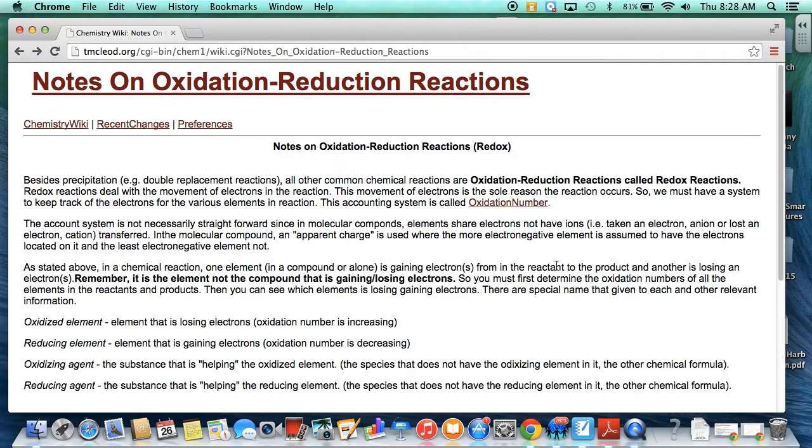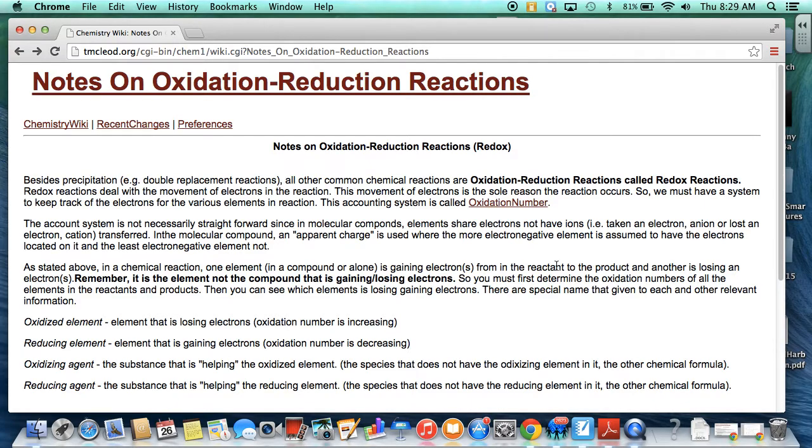The rule is that you must have a conservation of movement of electrons. So besides mass and total number of each individual atom, you also have to have a movement of electron conservation in the chemical reaction.